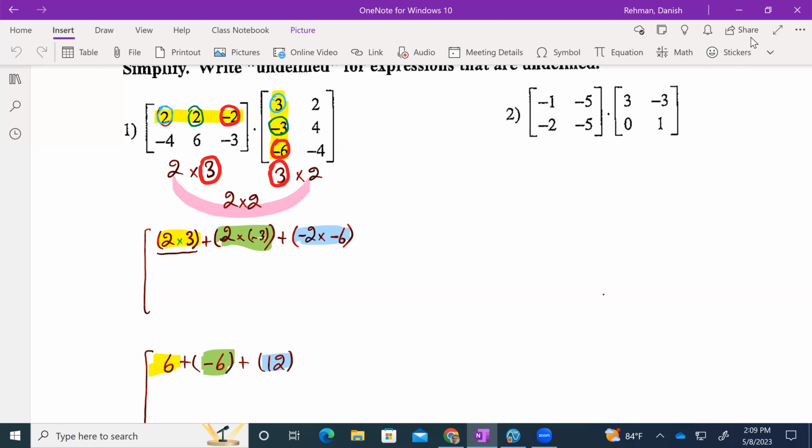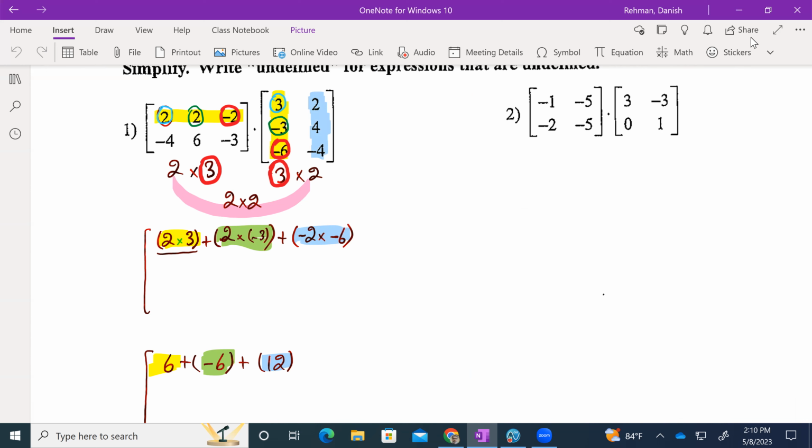Here, I will now take this first row again. Stay with me. It's almost done. The first row, I will take this one and multiply it with the second column. How will that be done? Let's use the blue color for the second column here. So what I have done here, I will take the first row again and multiply it with the blue column.